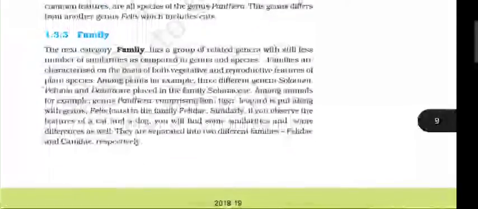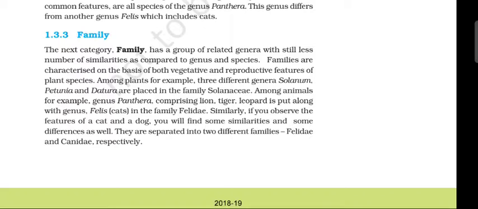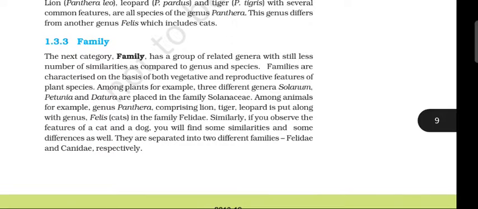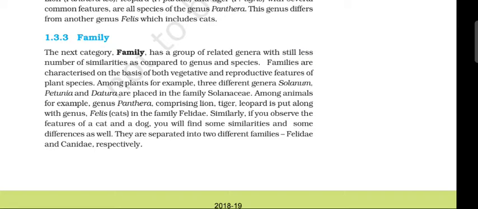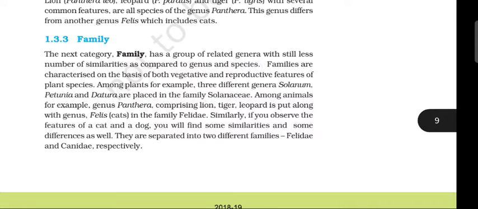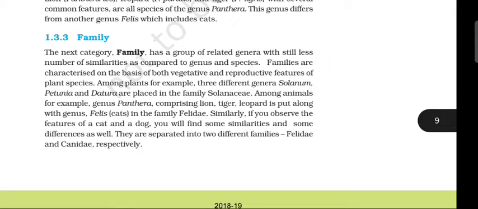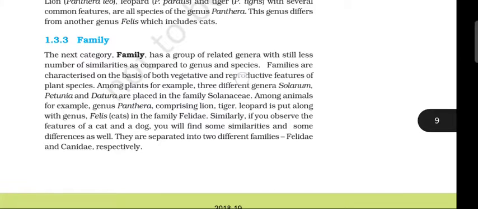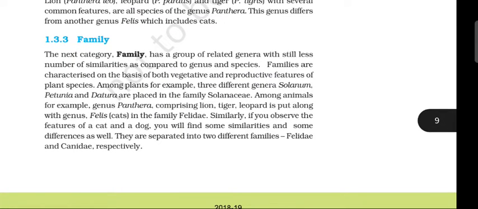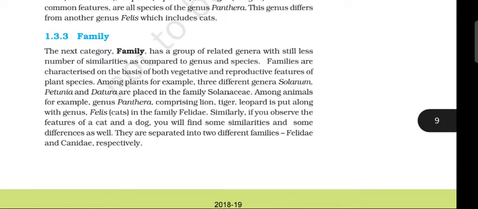So now we'll study family. The next category is family, a group of related genera with still fewer similarities as compared to genus and species. Families are characterised on the basis of both vegetative and reproductive features of plant species.